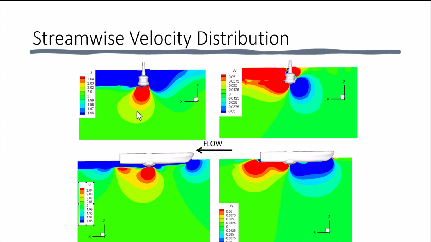The graphs on the left show the downstream velocity contours, and the graphs on the right show the vertical velocity contours. The plots on the top are for an isolated ADCP, and the plots on the bottom are for an ADCP deployed in a tethered boat. What we can see is that the velocity as it approaches the ADCP dives to get under and around the ADCP and then recovers as it passes the ADCP.